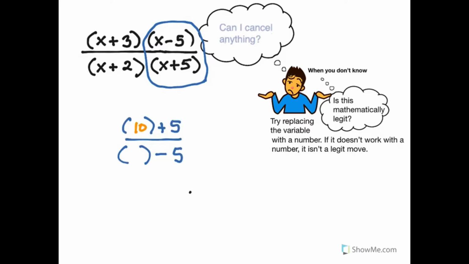Let's pick 10. 10 plus 5 is 15. 10 minus 5 is 5. Can I cancel 10 plus 5 times 10 minus 5? Do I get the same thing on the top and bottom? No, I don't. Binomials have to match exactly to be canceled, and if you're not sure, try replacing the variable with a number.